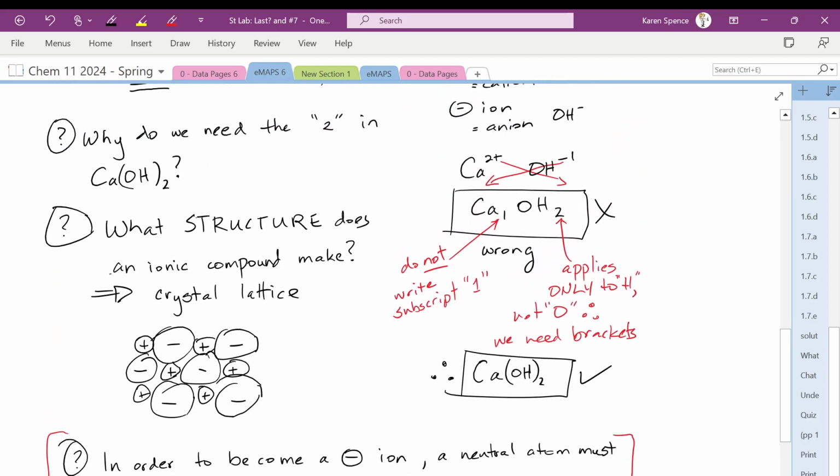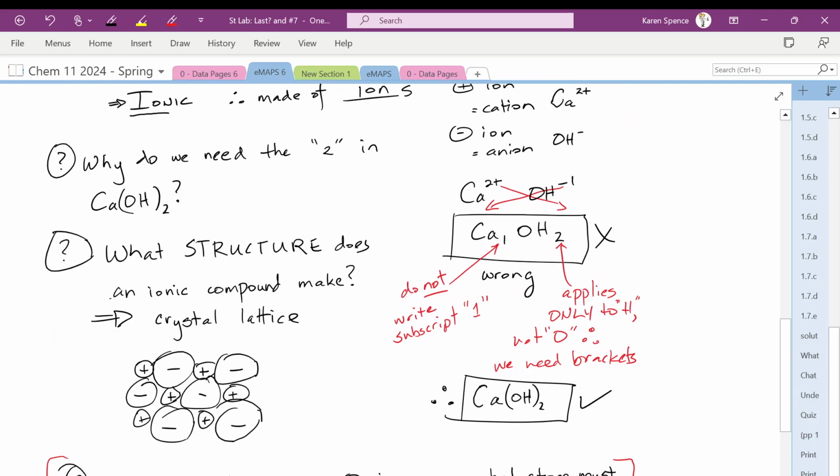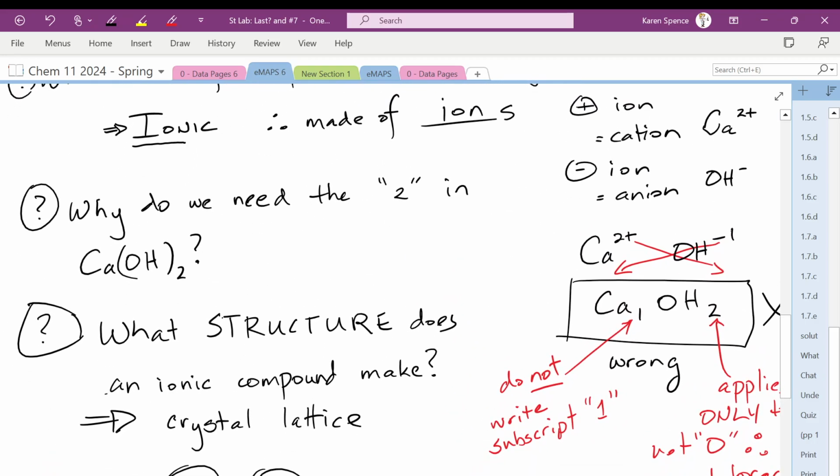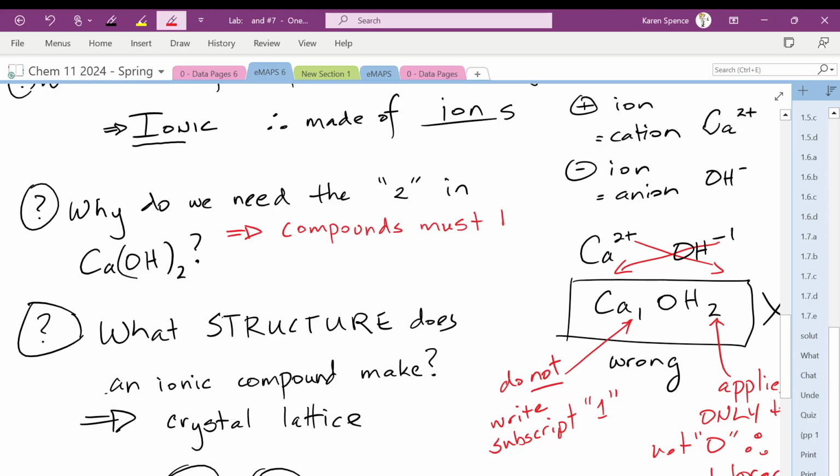I realized that we never did answer why we need the 2 in CaOH2. Compounds must be what charge?